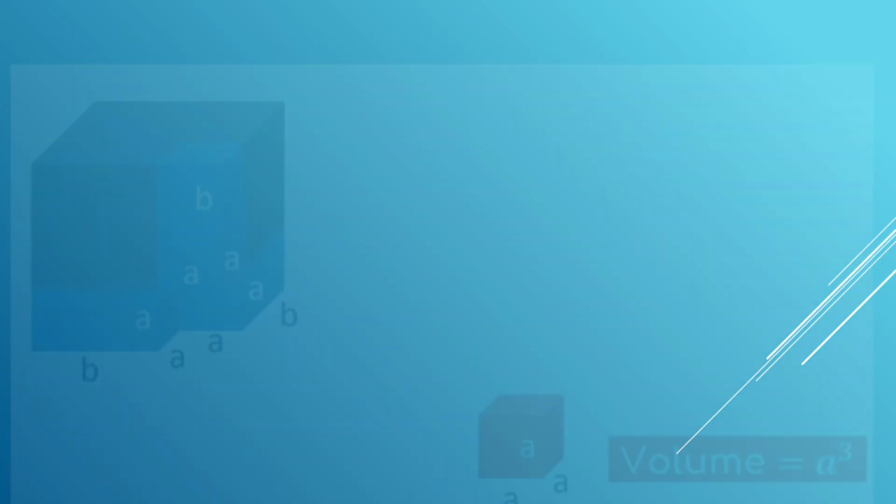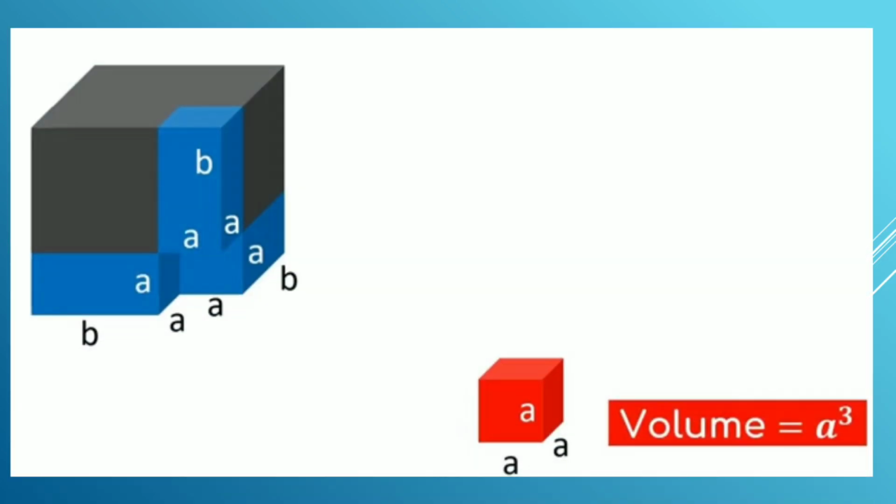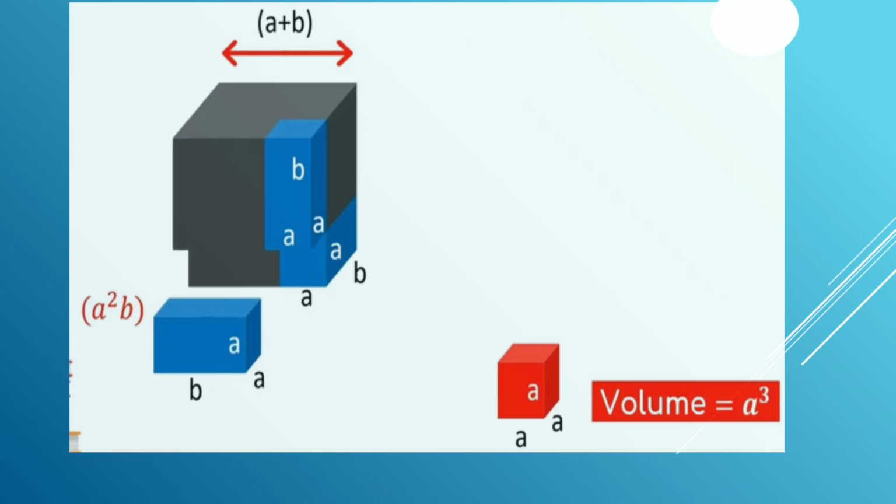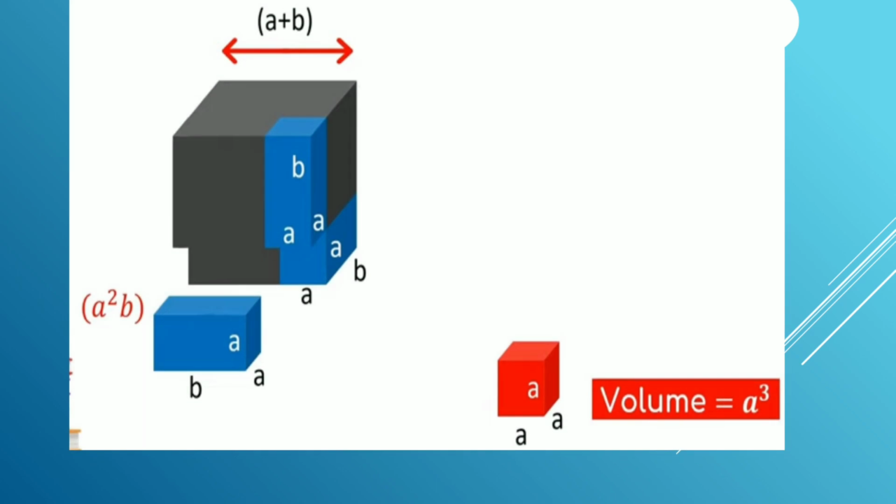After this, we will pick out this red cube, the smaller portion of this whole cube, in which each side is equal to a. So the volume of this small red cube will be equal to a cube, by multiplying the sides a multiply a multiply a.